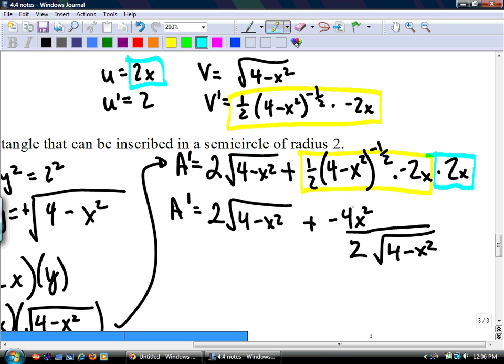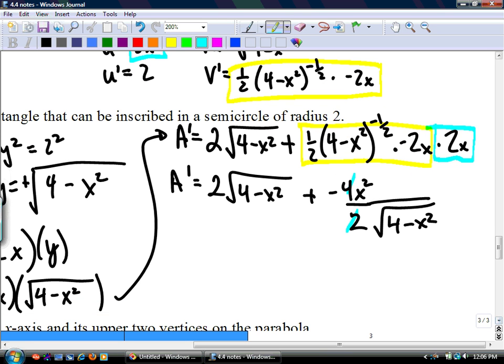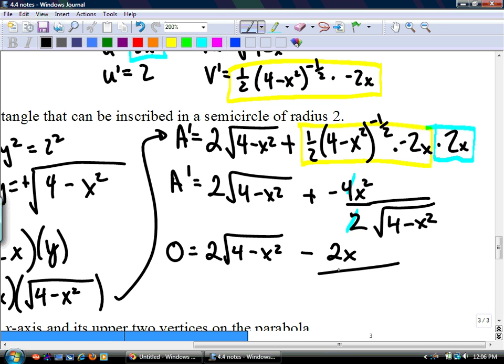Cancel the 4 and the 2, good. And while you're there, make it equal 0. Oh, I really wanted to make it equal 0.